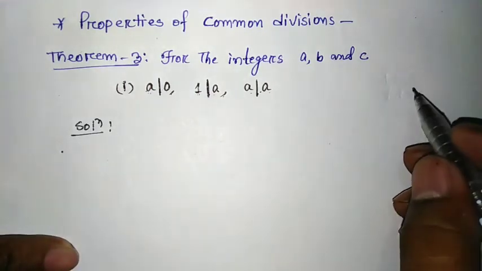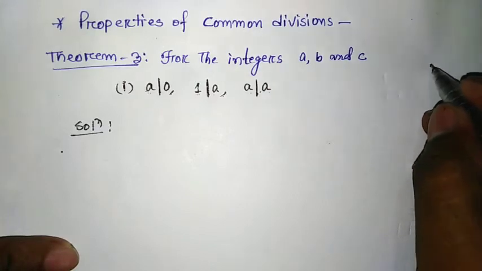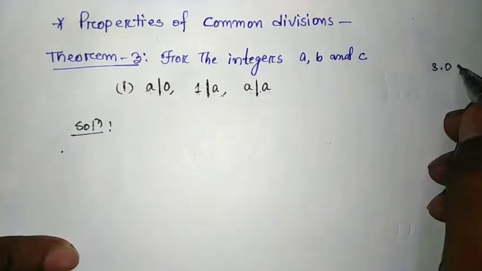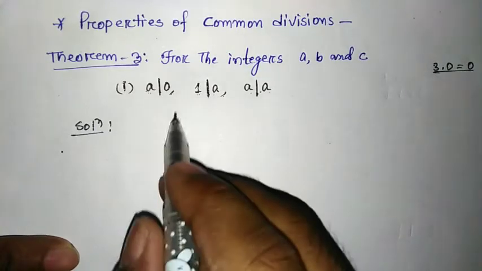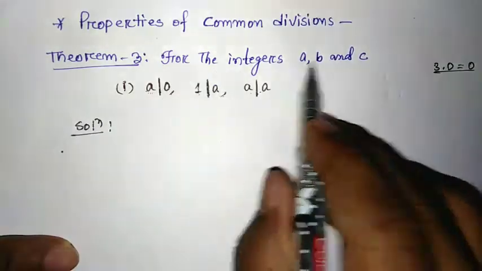So we know that for any integer, suppose 3 is an integer, we can write 3 into 0 is equal to 0, yes or not? So if we consider a is any integer, it is given in the theorem that a, b, c are integers.